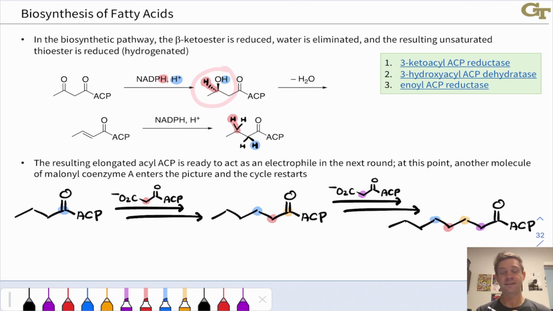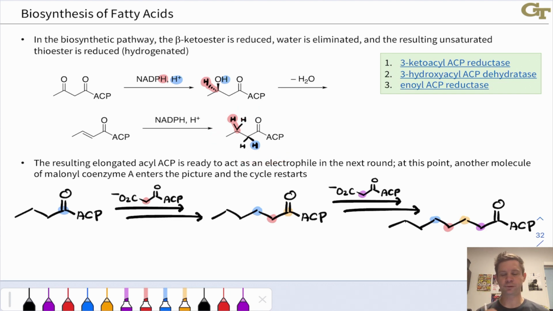This reduces that C=O double bond to an alcohol, and then water is lost, and this is an enzyme-catalyzed dehydration reaction. And then NADPH reduces again the C=C double bond in the active site of an enzyme to give now the saturated carbonyl ACP product.